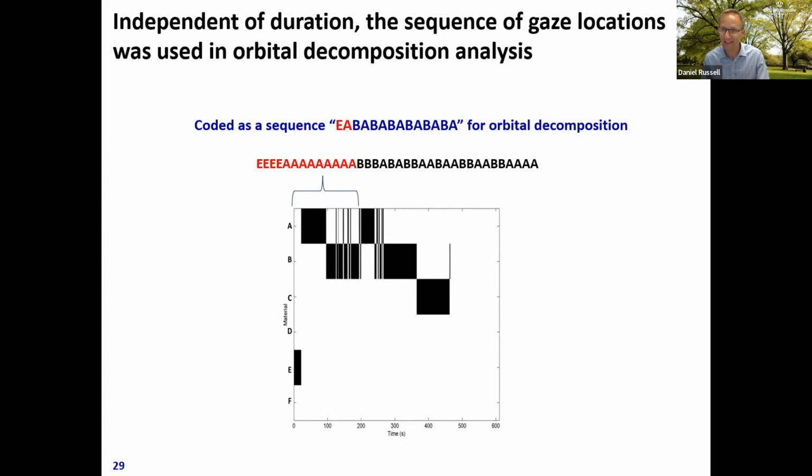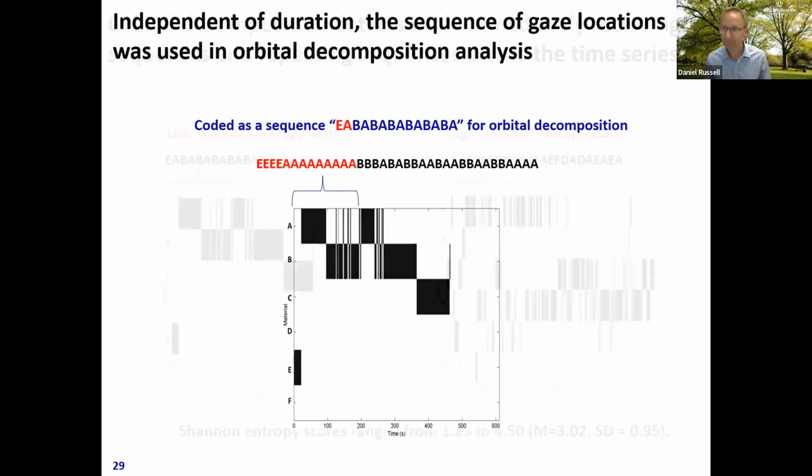So we were looking at sequence changes. So for this data we put in EA, BA, BA, BA, BA, BA, and so on. So that's what's going into the analysis. And orbital decomposition is then trying to detect structure in this sequence of nominal data.